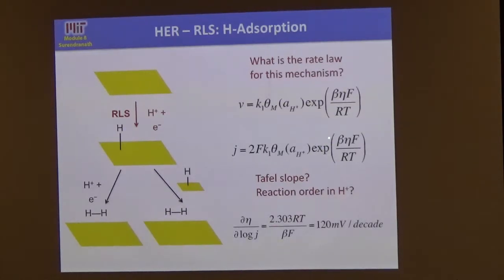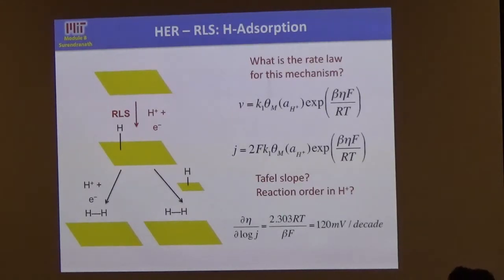Because this is an exponent with base e, the log has this 2.303 term. So what you find is it's 2.303 RT over beta F. And if the transfer coefficient is approximately 0.5, as you find from Marcus theory it typically is, you get a slope of 120 millivolts per decade.